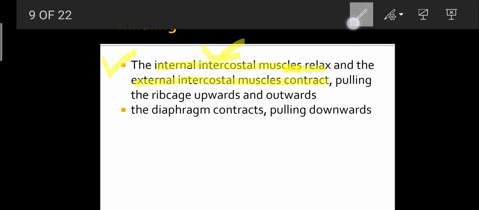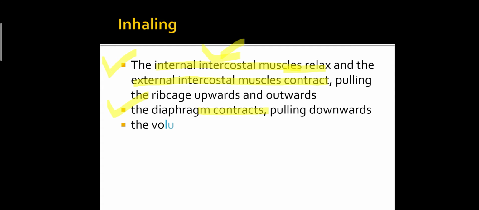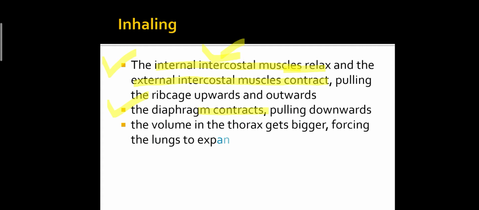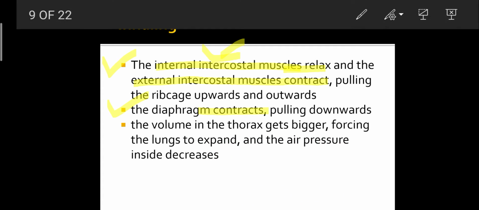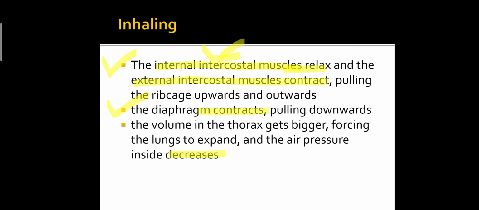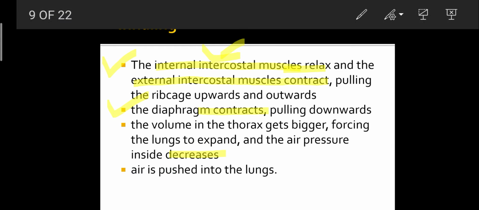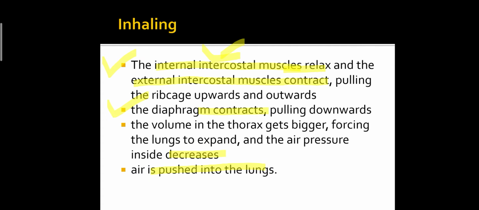In this process, the diaphragm contracts and pulls downwards, and the volume in the thorax gets bigger, forcing the lungs to expand and the air pressure inside decreases. So air is pushed into the lungs. This is the phenomenon of inhaling.